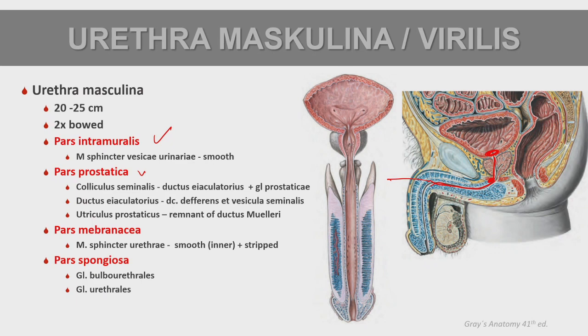So in the urethra, we have some important openings in the male. Those openings could be seen also in women, but in women there are only products which are not too important.